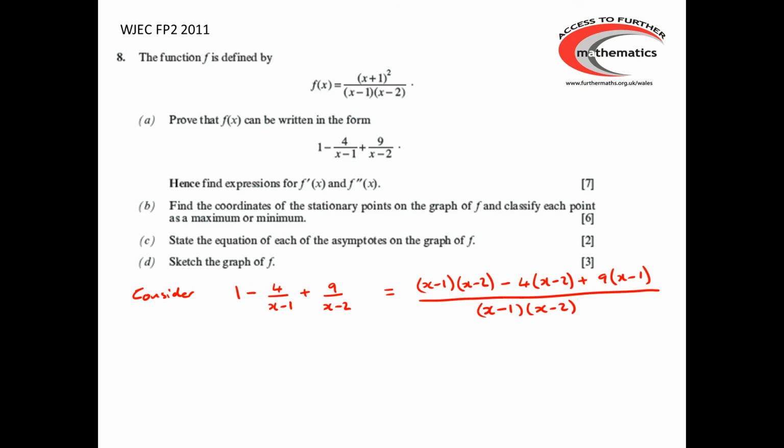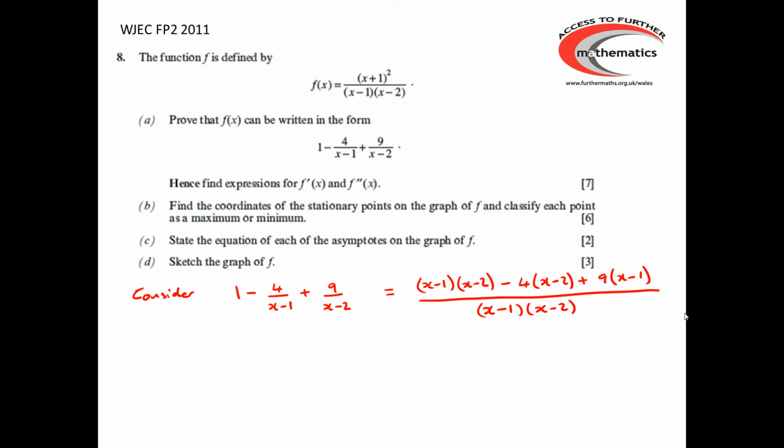The 1 will become (x minus 1)(x minus 2) over (x minus 1)(x minus 2). The 4 over x minus 1 becomes 4 lots of (x minus 2) over (x minus 1)(x minus 2). And the 9 over x minus 2 will become 9 lots of (x minus 1) over (x minus 1)(x minus 2).